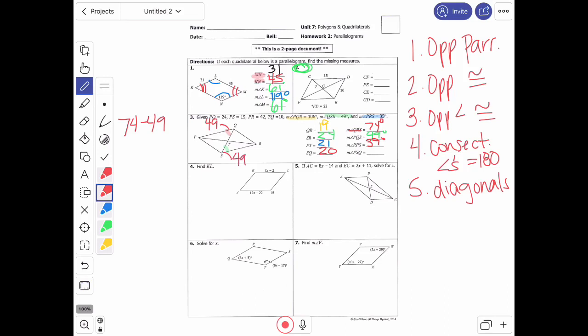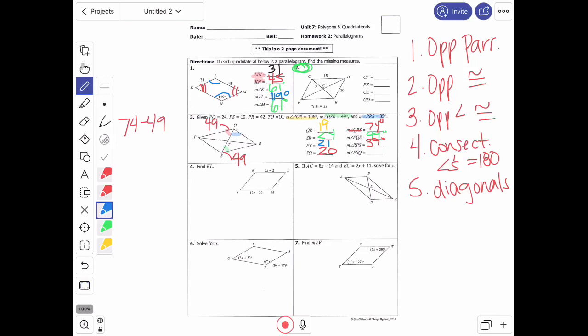Now, one of these angles that we're told at the very top is going to be helpful for all of these. So I think, yeah, PQR. PQR, this whole thing is 106. So if I take 106 and subtract 49, that's going to tell me what this side is.